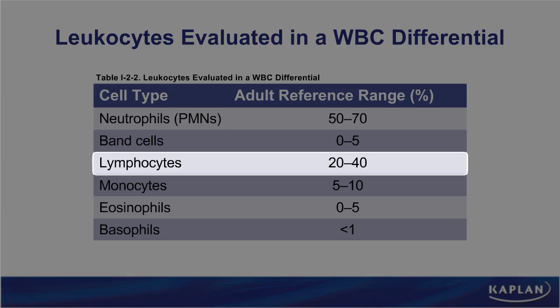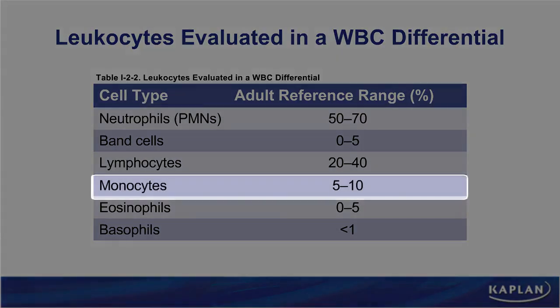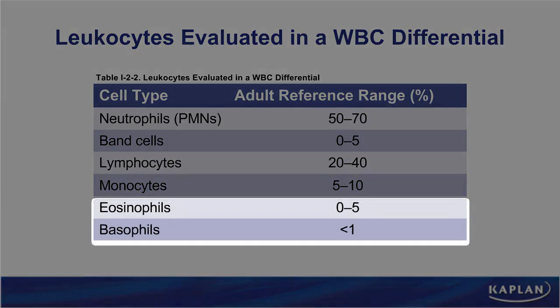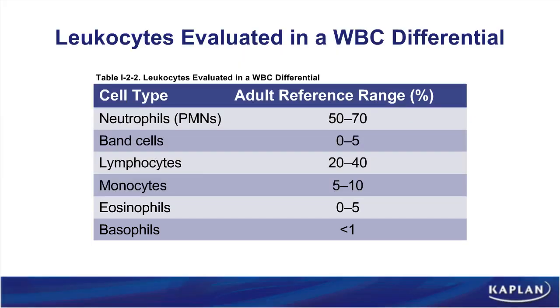Right in the middle of all this are our monocytes, those little baby macrophages. They typically will have an upper range of about 10% of the cells. And then we have our last two contenders here, eosinophils and basophils. The values of both of these can be extremely low. Sometimes you won't even find the eosinophils or the basophils within a blood smear. So again, if you see them, it's usually a rare occasion.